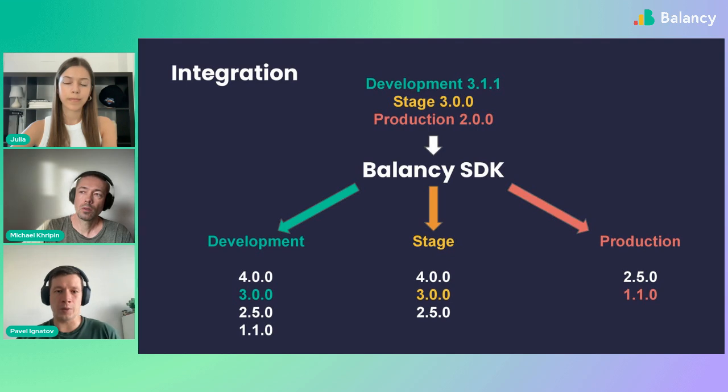Just to summarize, SDK is responsible for automatically picking the most suitable branch. And the criteria are based on the environment plus app version. You have to keep this in mind. There is nothing you should do about it. But when you set up your branch settings in Balancy, you just need to keep in mind how SDK will pick the correct branch.